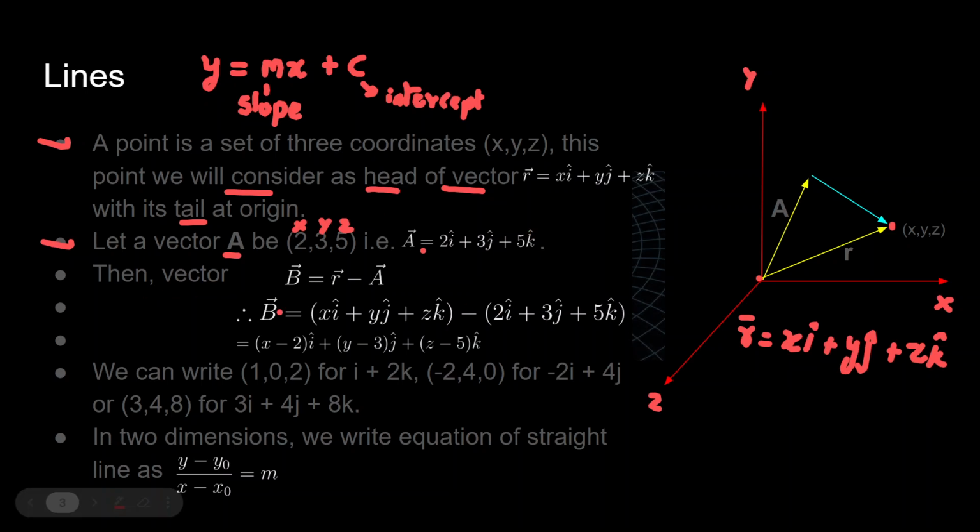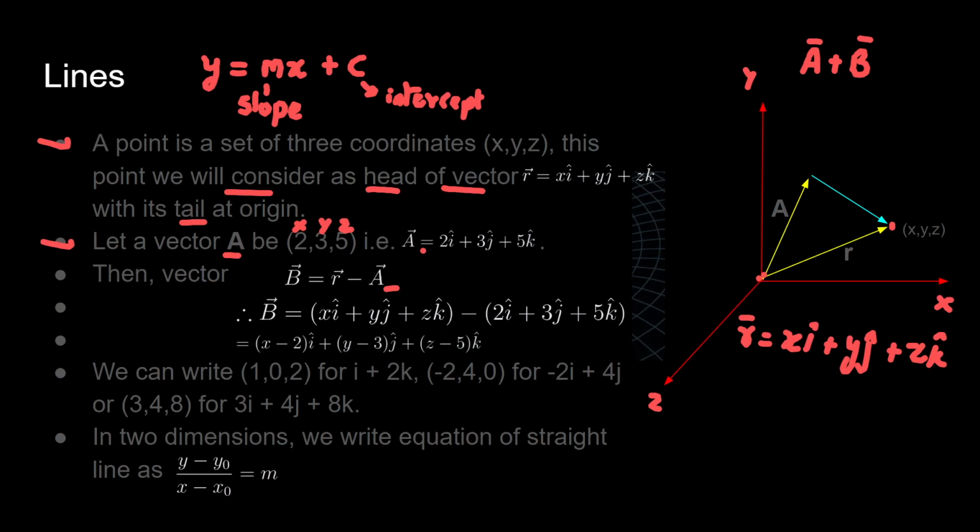Then the vector b is equal to r minus a. So how does this come about? If you remember, we studied the law of vector addition, the parallelogram. If the head and the tail of the vectors are aligned, I can write vector a plus vector b.